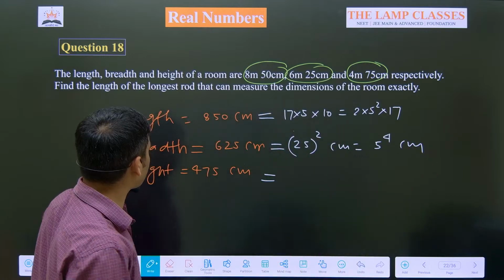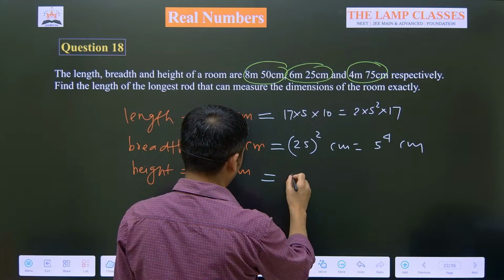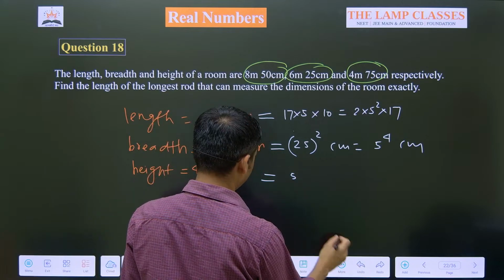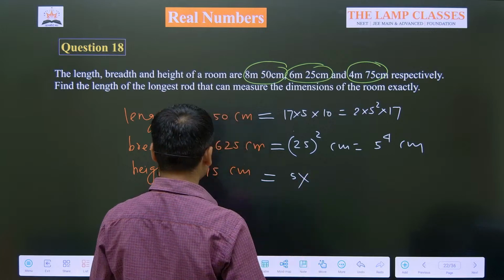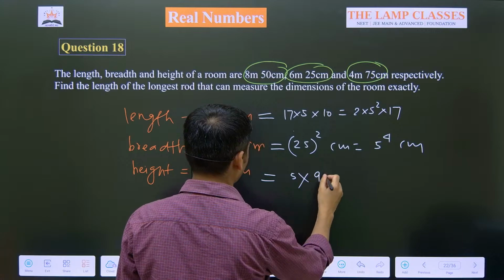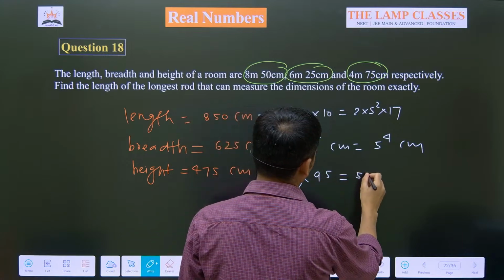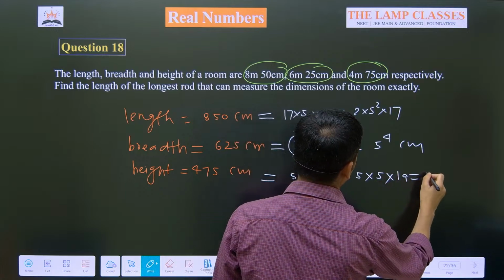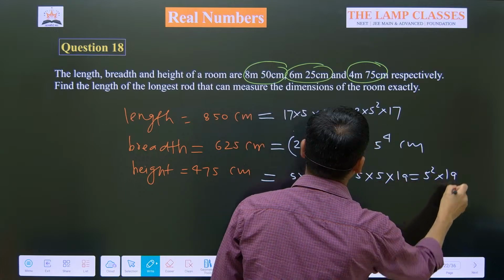And the height is 475. So when we divide by 5, it is 5 times 95, which is 5 square times 19.